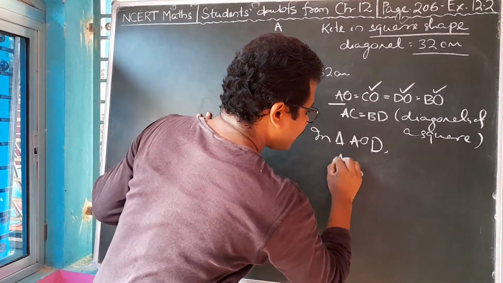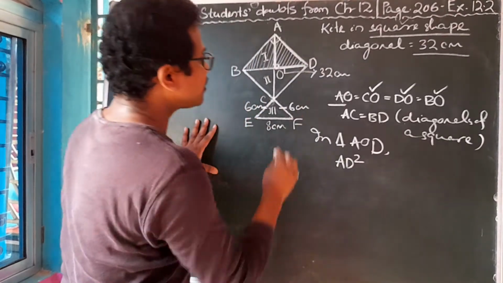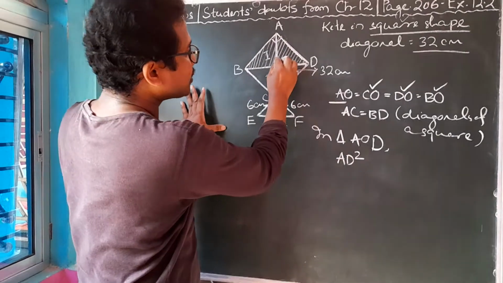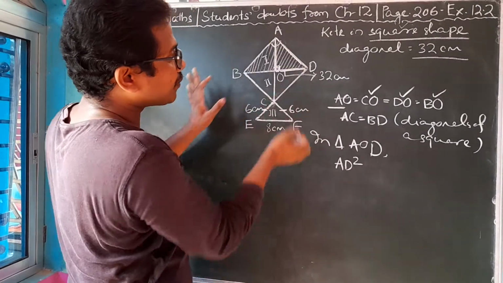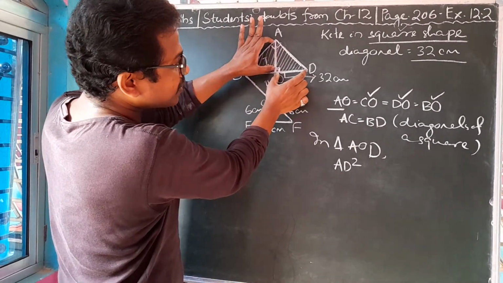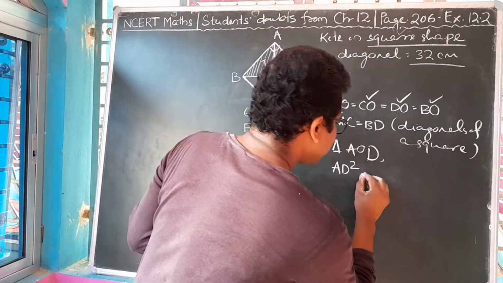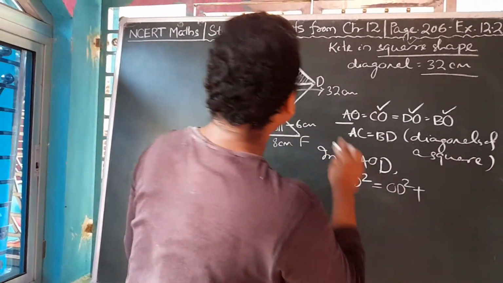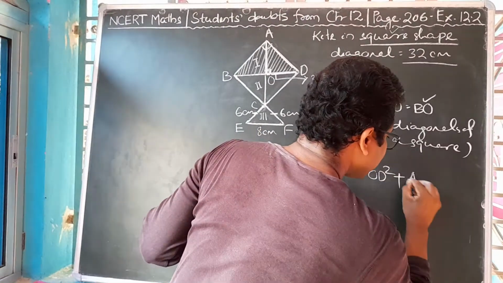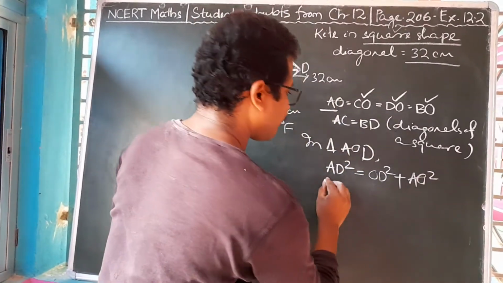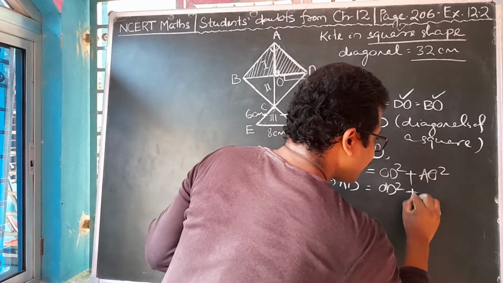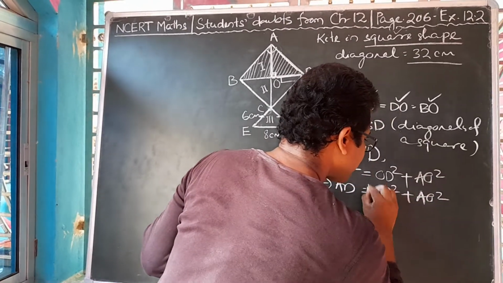You apply Pythagoras theorem, isn't it? So this is a right angle triangle, so hypotenuse square equals height square plus base square. So AD square will be equal to OD square plus AO square, or AD is the square root of OD square plus AO square.